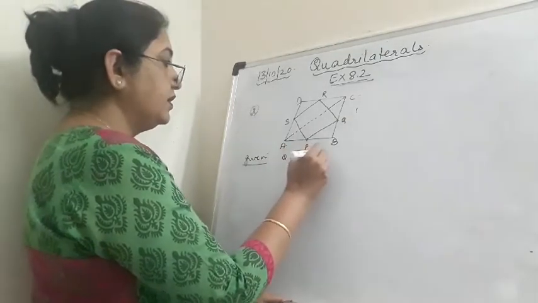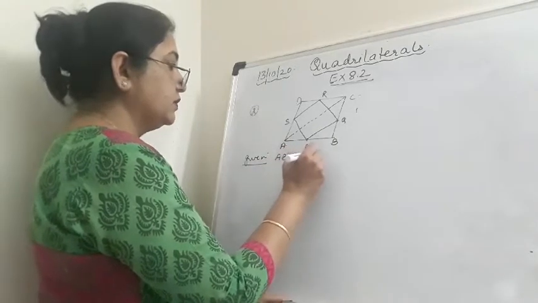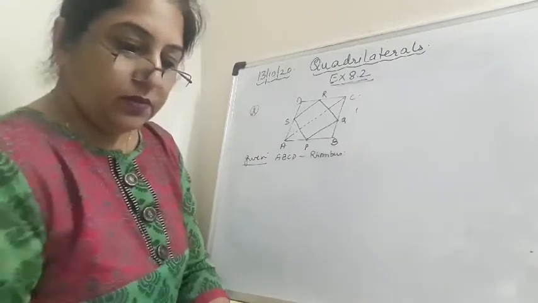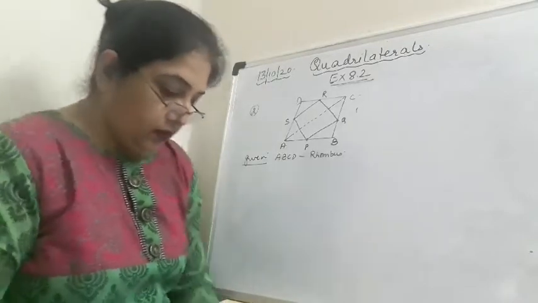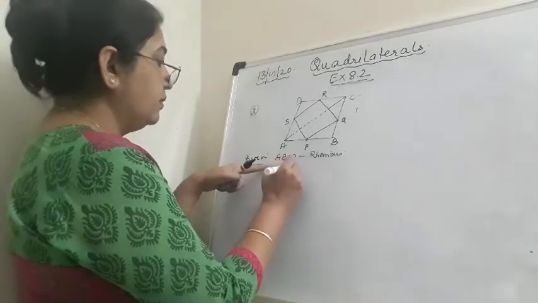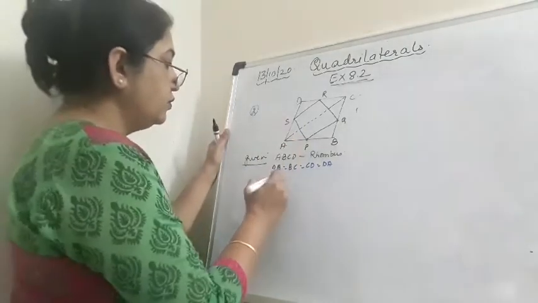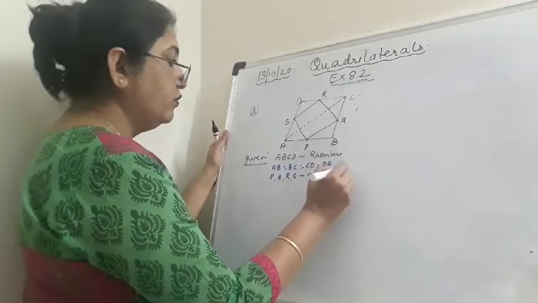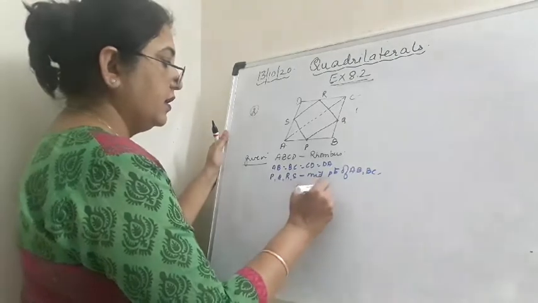ABCD is a rhombus. Since it is a rhombus, all four sides will be equal, and these are the midpoints. So AB is equal to BC is equal to CD is equal to DA. We also know that P, Q, R, S are the midpoints of AB, BC, CD and DA.